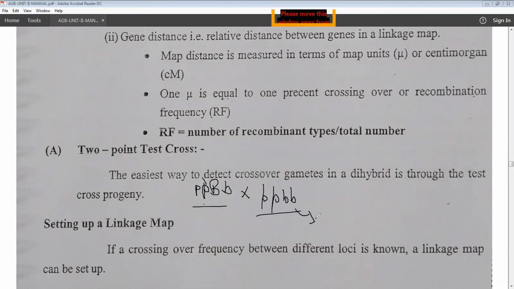That will form the Pb, and this will give four kinds of gametes.